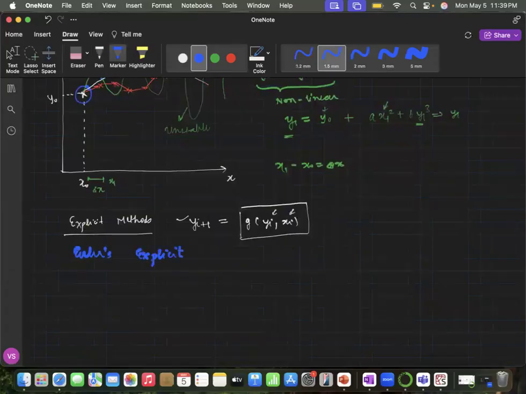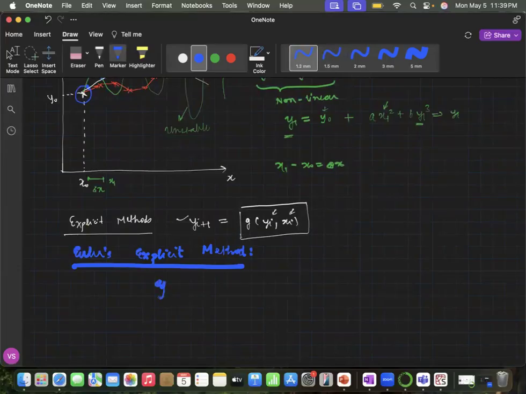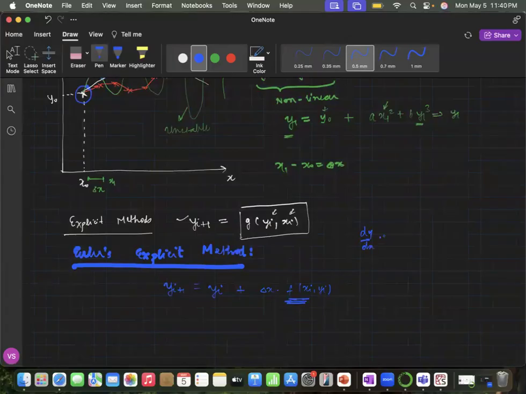So the Euler's explicit method involves using yi plus 1 is equal to yi plus delta x times f of xi comma yi, where f of xi comma yi is just whatever was in the RHS of the differential equation.